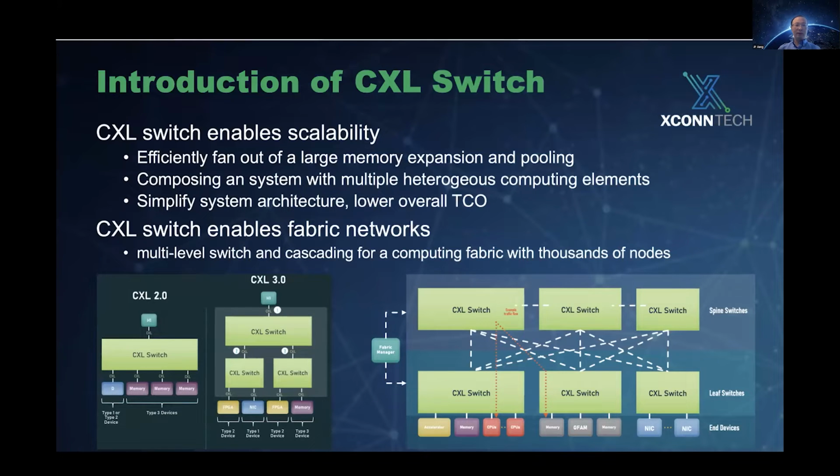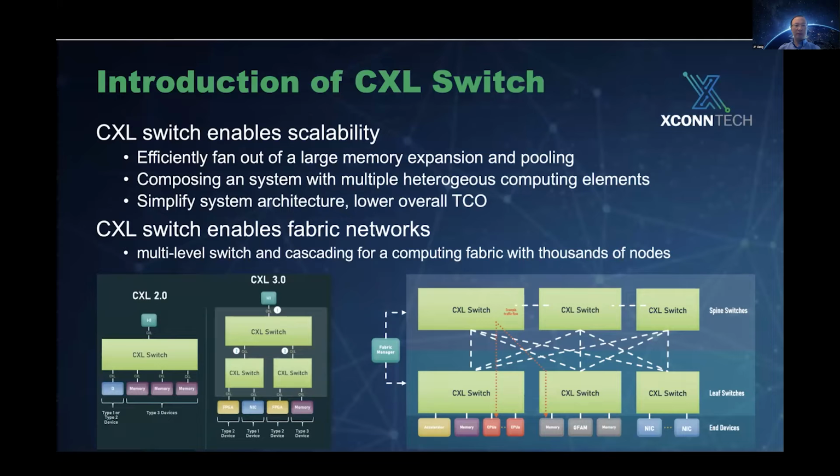So the good thing about CXL is it will cover both small applications as well as very large applications. And this scalability is very important. The CXL switch provides this scalability for the system.